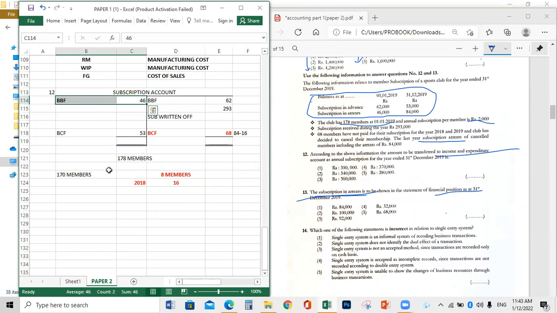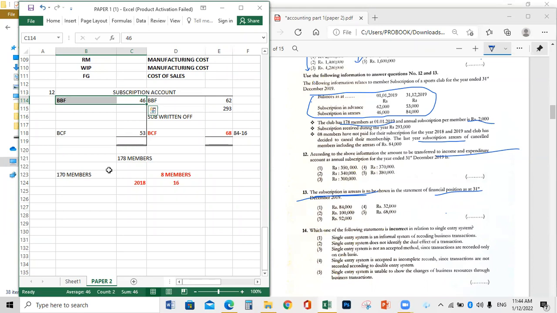Okay. Now what is happening is, if the write-off happens at the start, that means you just have to write off only the previous year. If they tell you to write off both the years, you can write off both the years. Now some of y'all are telling just because it's last year you don't have to.